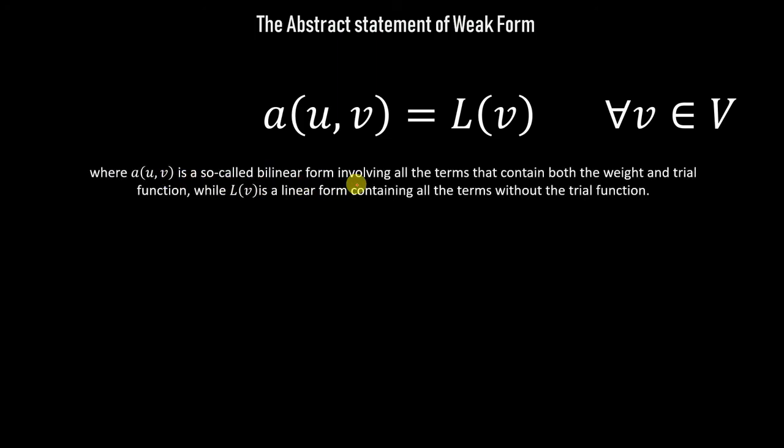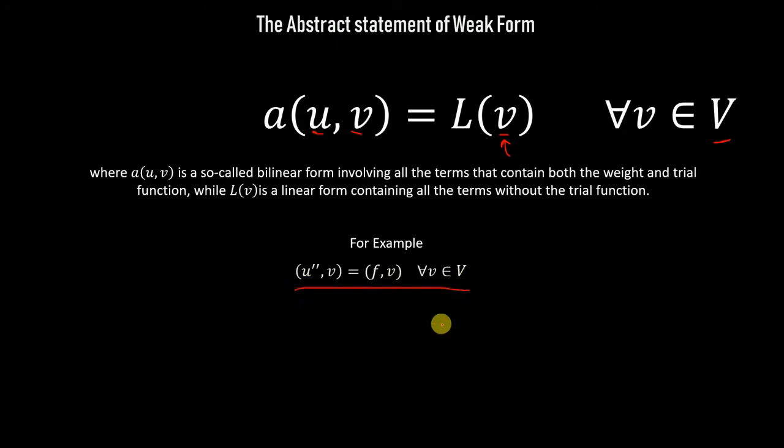A is a bilinear form, a bilinear operator which contains both your weight and the solution, and this part contains only the weight function, just the basis functions, or actually any vector in your space V. This term will become clearer in the example that we are seeing right now.